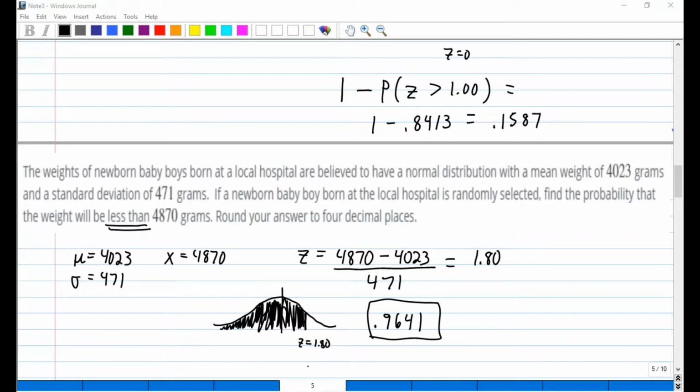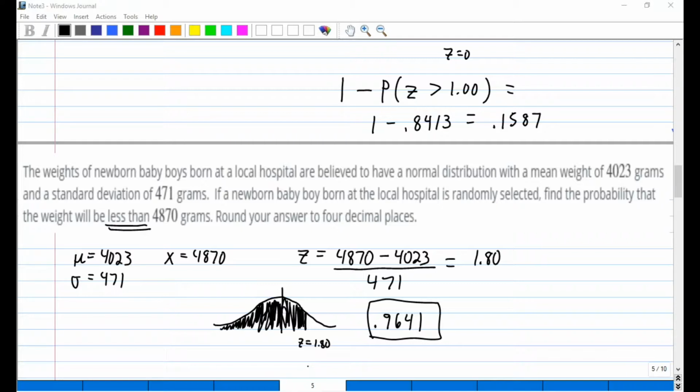Now let's skip over a little bit and let's look at how to find an X value if we have the mean and the standard deviation, and we have the probability.